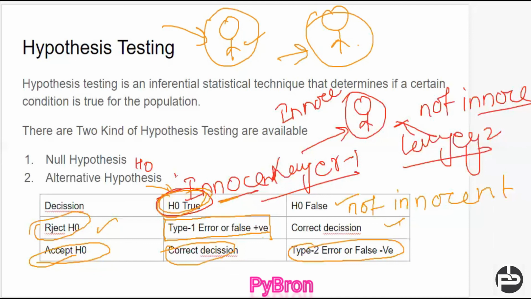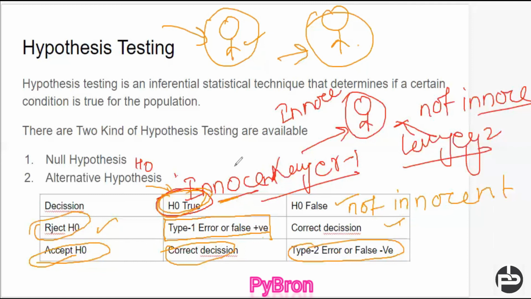If we are not able to identify whether he is the culprit or not, we can leave him rather than give the punishment. So type 1 error means he is innocent, and even though we are giving him punishment, so this is the type 1 error. Our constitution also does not allow this. So type 1 error is very dangerous as compared to type 2 error, right?